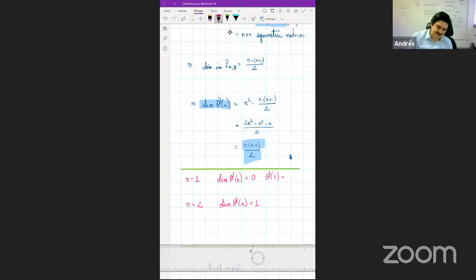Right, remember that we have A times A transpose equals the identity. When n equals 1, this is just real numbers. So you want A times A equals 1. So which numbers satisfy that condition? A squared equals 1. So O1 is just two numbers, minus 1 and 1.